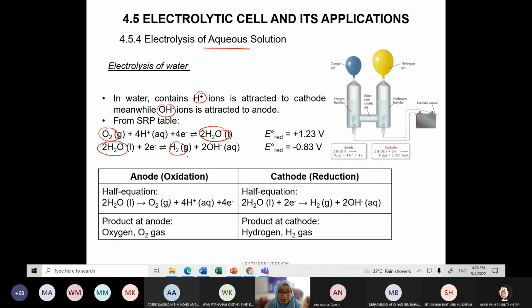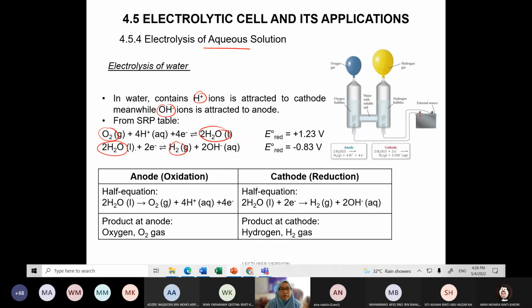If water is selected at the cathode, for example, the cathode is reduction. So for reduction we know one of the criteria is producing H2. That means it will have H2. That is one of its criteria.